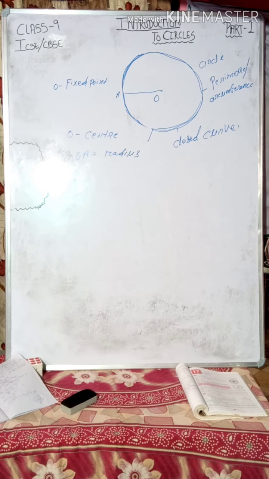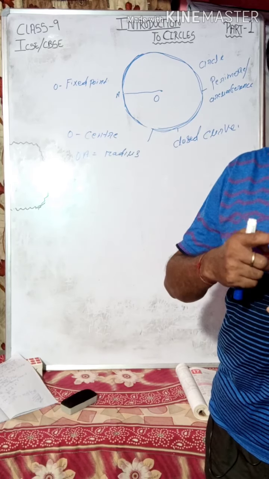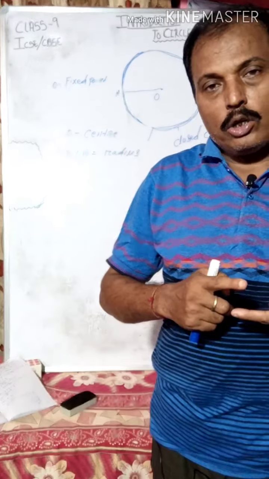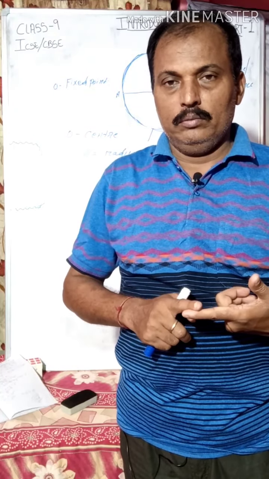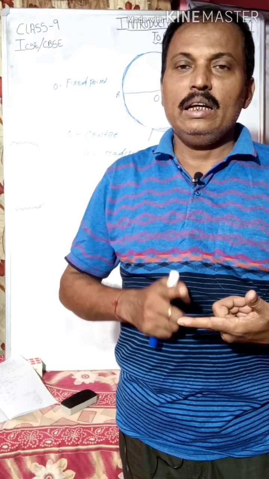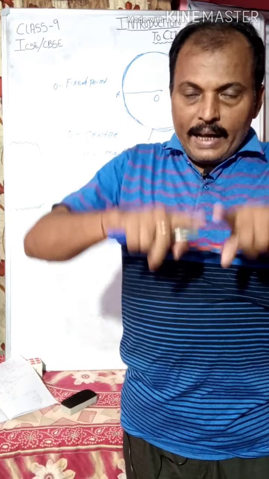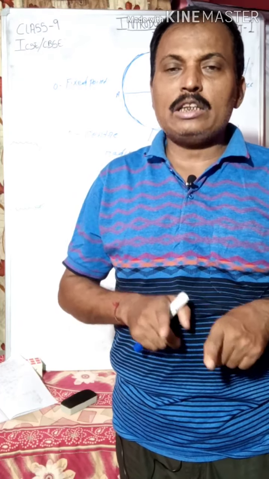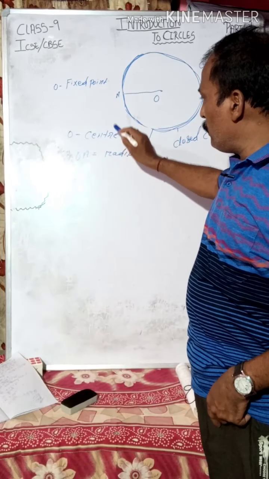So what is the radius of the circle? You can write the definition on your own. If there is a question, what is a circle? A curved path around a fixed point with equal distance is called a circle, and that curved path is called the circumference of the circle, and the fixed point is the center of the circle.